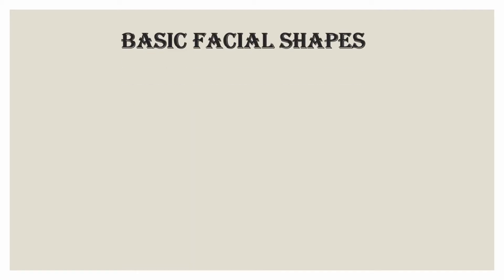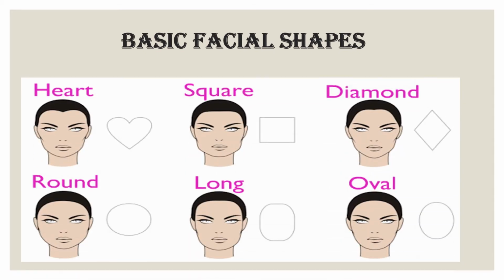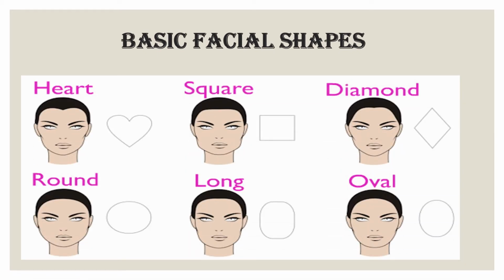So I hope you got an idea about the basic facial shapes. But you must be thinking how our face could be a heart, oval, diamond shape, right? So for that, just have a look at this picture. See, in this picture you can see the different facial shapes.